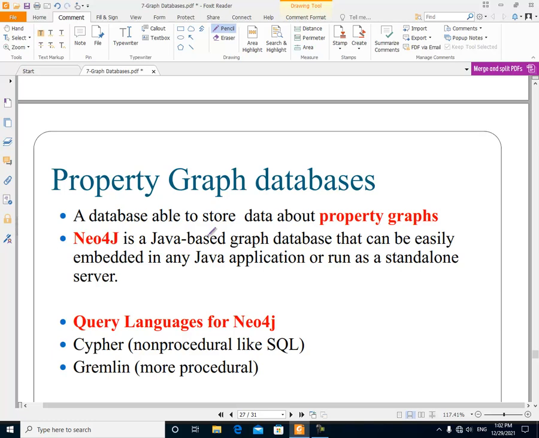Cypher is a non-procedural language. It means it is near to human natural language. And Gremlin is a language which is more procedural. These are two different languages we have for doing operations in the Neo4j database.